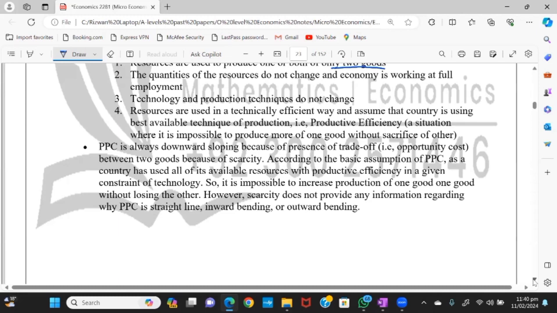So it is impossible to increase production of one good without losing the other. However, scarcity does not provide any information regarding why the PPC is a straight line, inward bending or outward bending. It all depends upon the conditions.